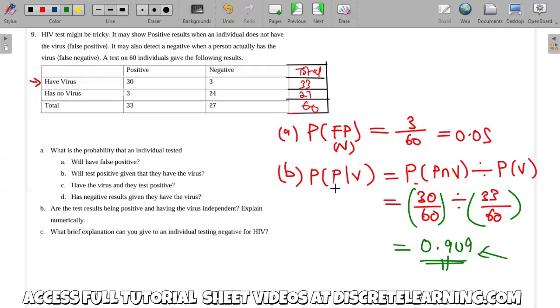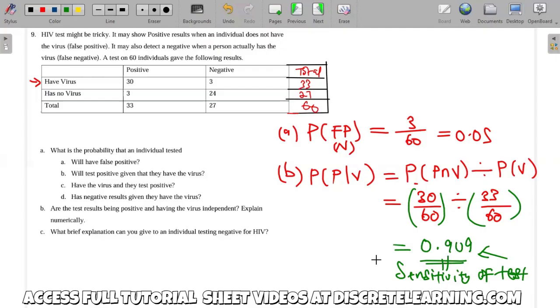Another question that can come here, because this is the answer we get when we find the probability of testing positive given that you have the virus, is that this has a special name, and we'll see it in future questions. It's what we call the sensitivity of the test. So the sensitivity of the test is simply the probability that the test shows positive given that you have the virus.